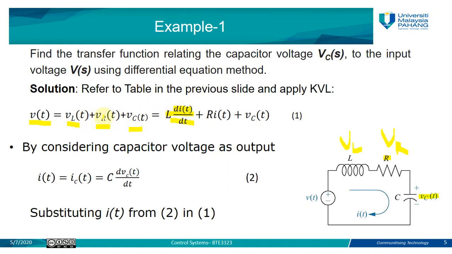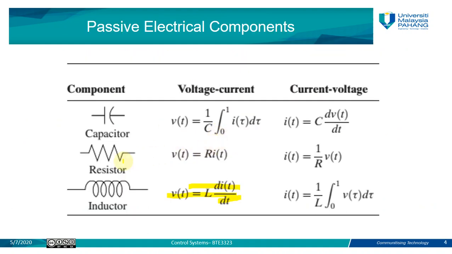Then how about VR? The voltage of the resistor is equal to R times i(t). So VR(t) is equal to R times i(t). Nothing changed.